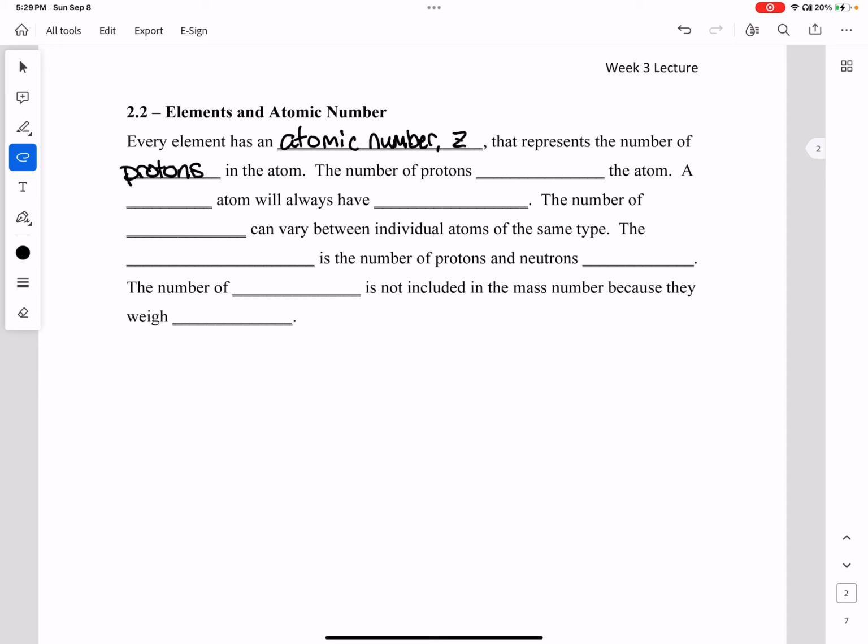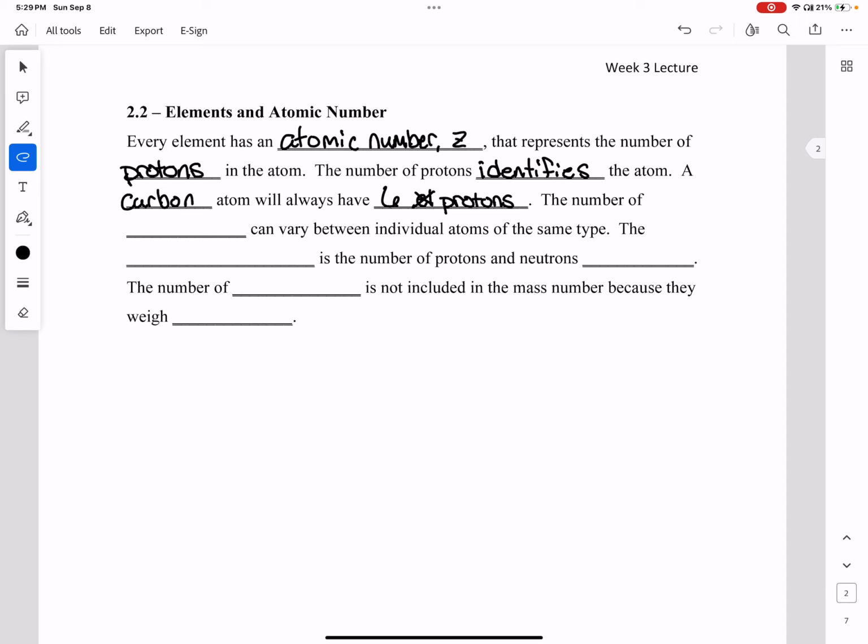And so the number of protons identifies the atom, or I should even say it defines the atom. So a carbon atom will always have 6 protons. If it's neutral, it'll also have 6 electrons.